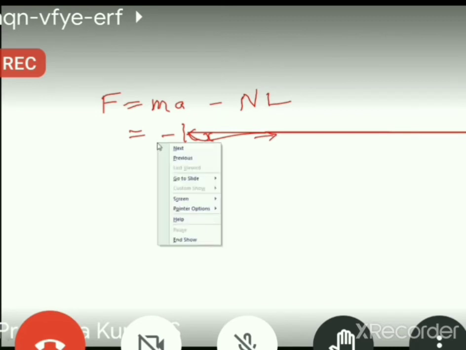And it is minus kx. So we say that this is within the elastic limit.